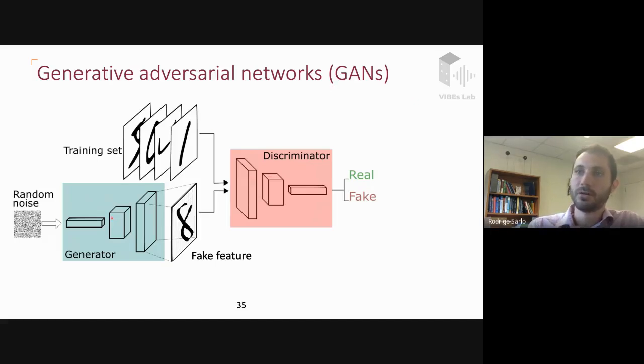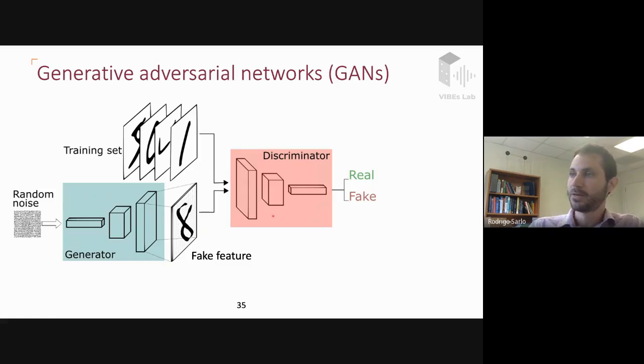The generator takes random noise as input, usually of a low dimension, and converts that to a fake feature, which in this case would be our FFT features that I mentioned. So that's a high dimensional feature. Many examples of these fake features get fed in along with the training set to a discriminator whose job is to distinguish fake from real.